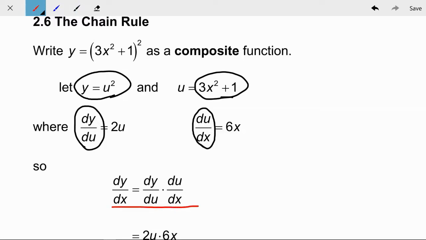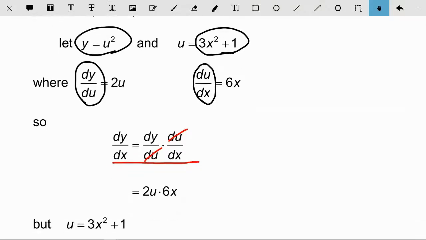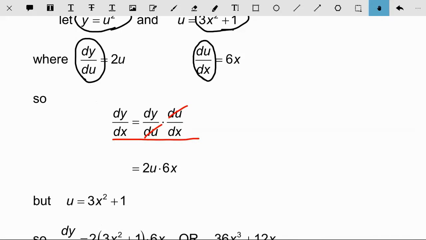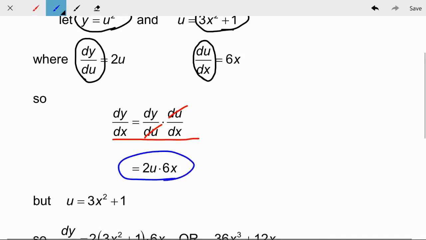If I multiply dy du times du dx, these du's represent tiny changes in our u, so we can cancel those out, and that gives us dy dx. So I can just multiply dy du times du dx, and that's where this comes from.